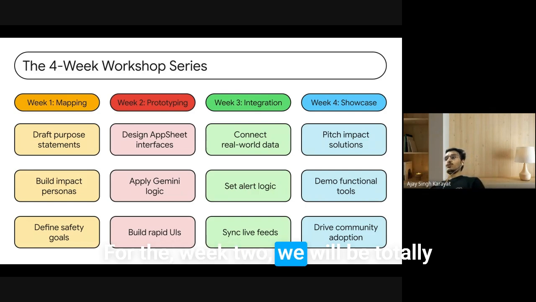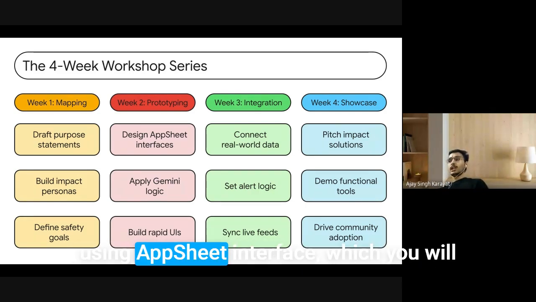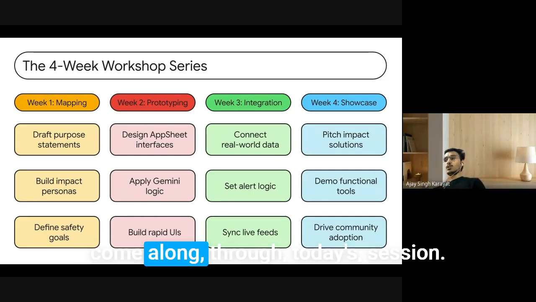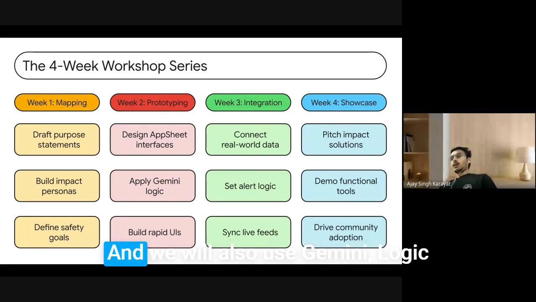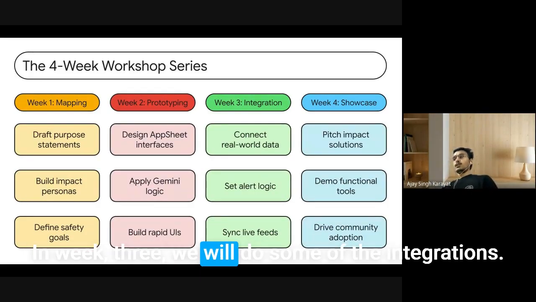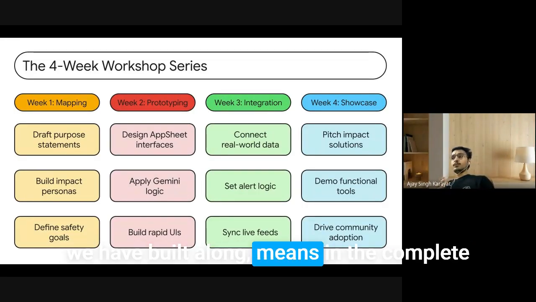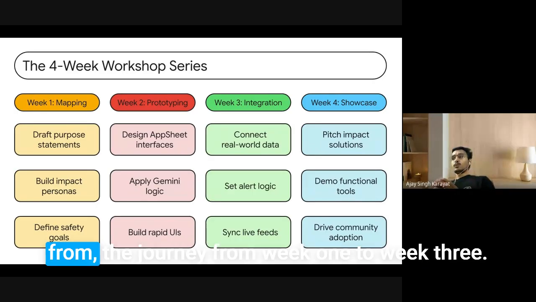For week two, we will be deep diving into prototyping using the AppSheet interface, which we will go through in today's session. We will also use Gemini logic and build some rapid UIs. In week three, we will do some of the integrations, and in week four, we will do a showcase of what we have built across the journey from week one to week three.